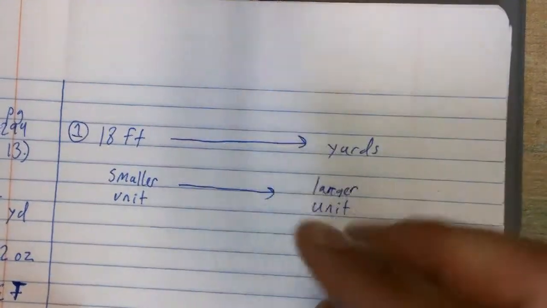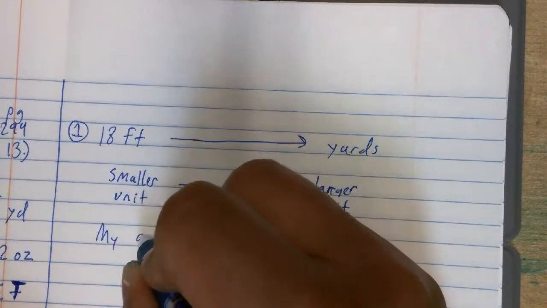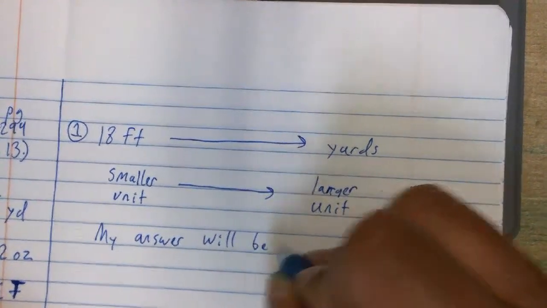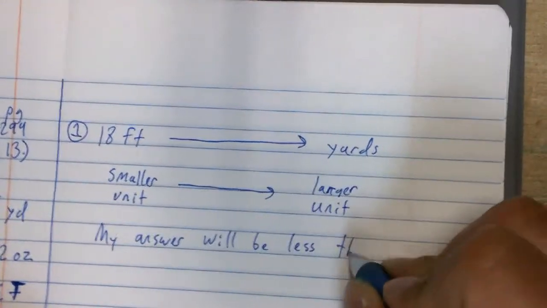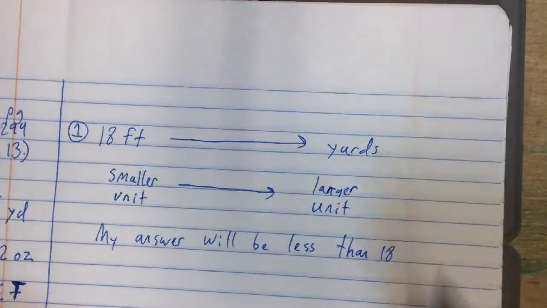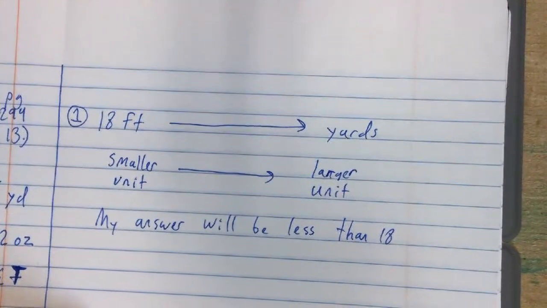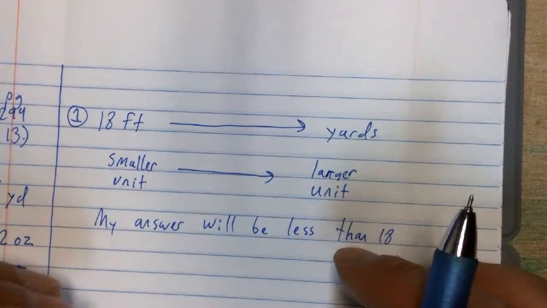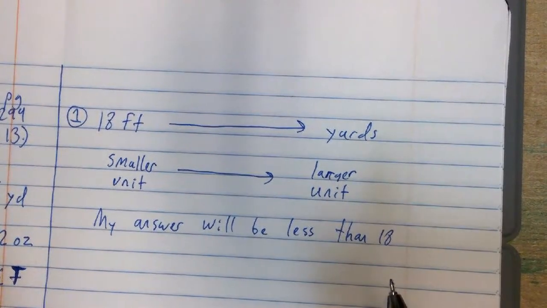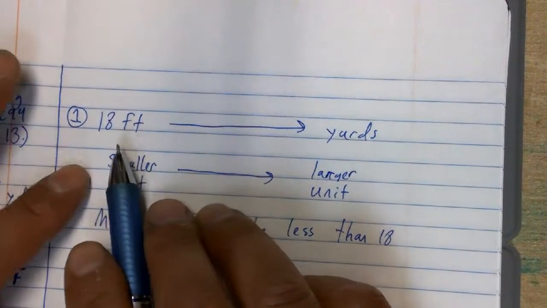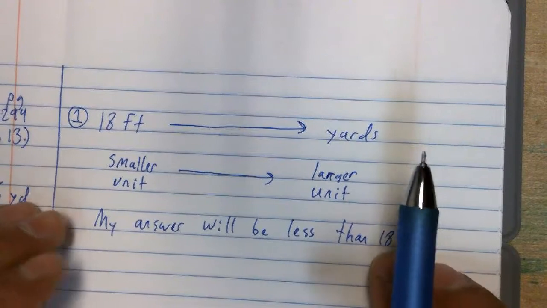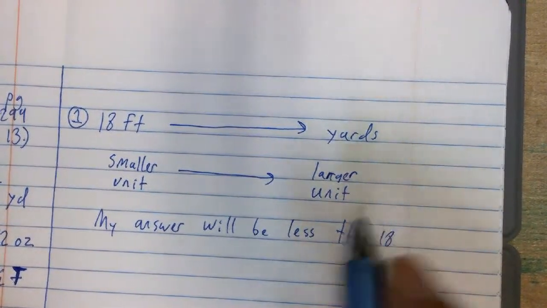That tells me my answer will be less than 18. So when you get your answer, you can check, does this make sense? If I'm going from a smaller unit to a larger unit, my answer will be smaller than what I started out with.